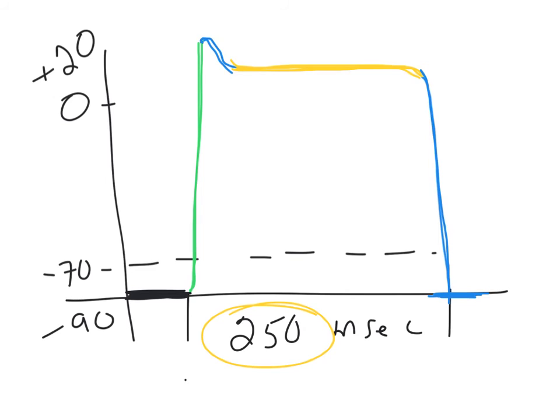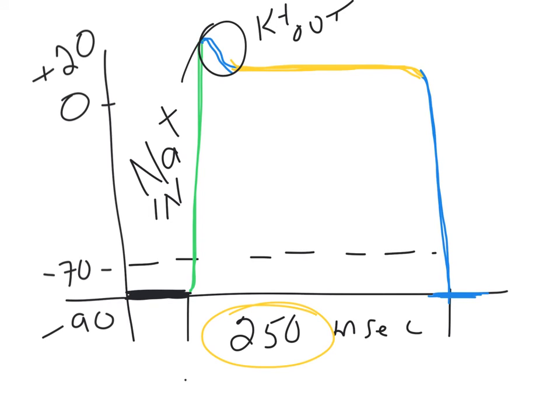So let's take a look at what ions are responsible for all of these components of the action potential. Let's start with the rapid upstroke. The rapid upstroke of the action potential is due to sodium moving in through voltage-gated sodium channels. The cell starts to repolarize, as you can see right here, and that is due to potassium moving out of the cell. However, very quickly, voltage-gated calcium channels are going to be opened up.